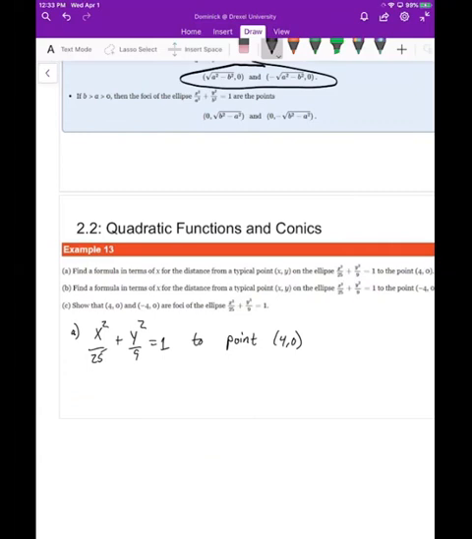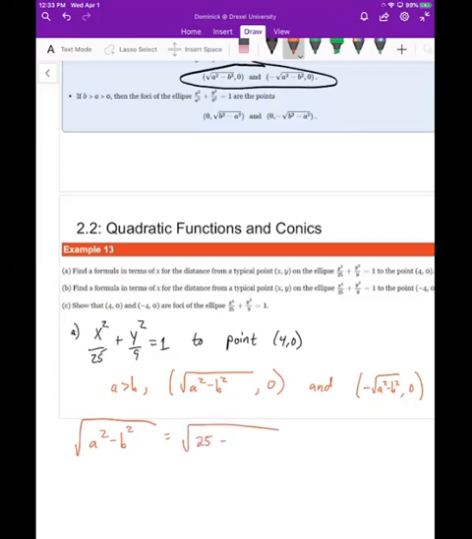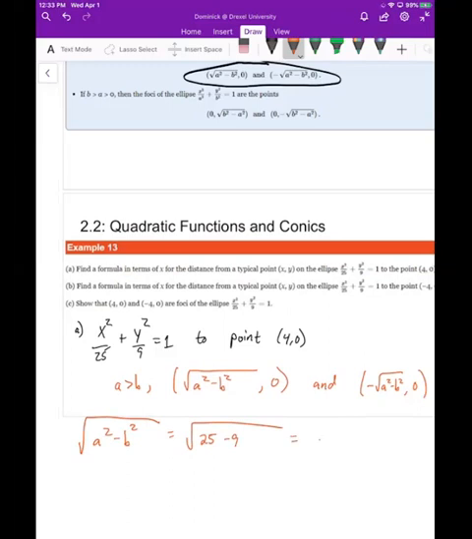All right. So in this case, a is bigger than b. So our 2 points will be the square root of a squared minus b squared, 0, and negative the square root of a squared minus b squared, 0. So if we find the square root of a squared minus b squared here, we get 25 minus 9, which is the square root of 16, which is plus or minus 4.